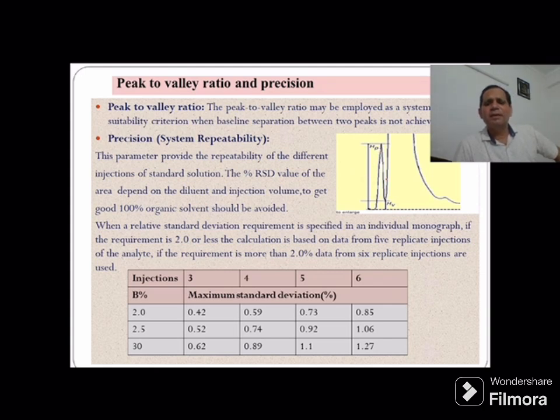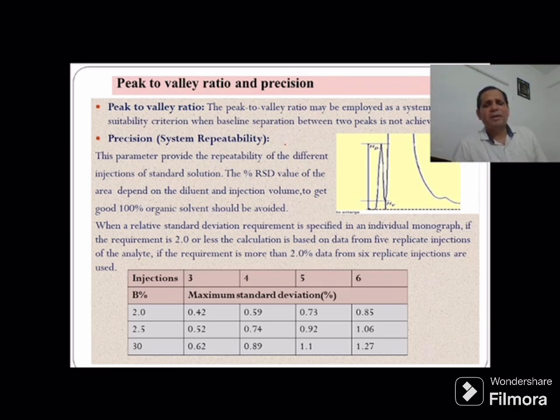Suppose if you see here, this is peak one, that is not separating from the second peak, base to base. So at that time we can choose this peak height, HP. This is the peak height here. This is the valley height here. So if you want to calculate the peak to valley ratio, this height divided by this height, you will get the peak to valley ratio.